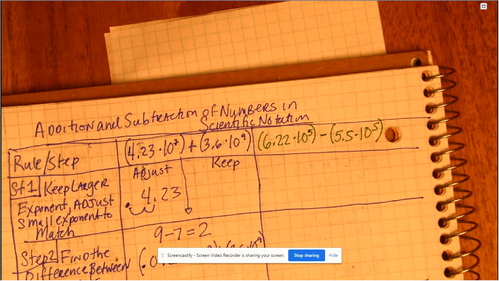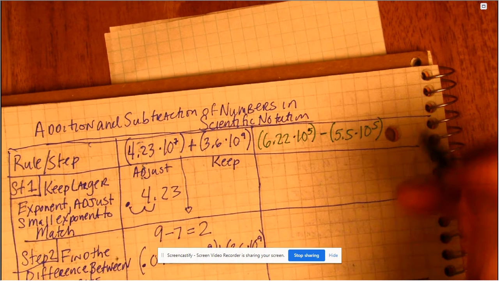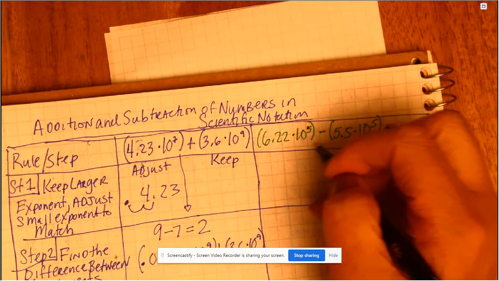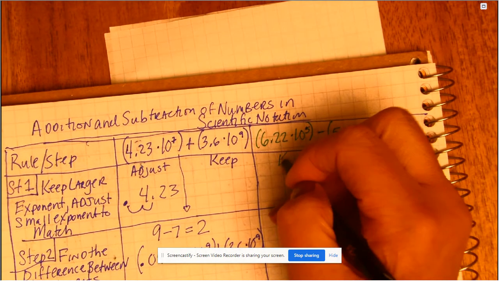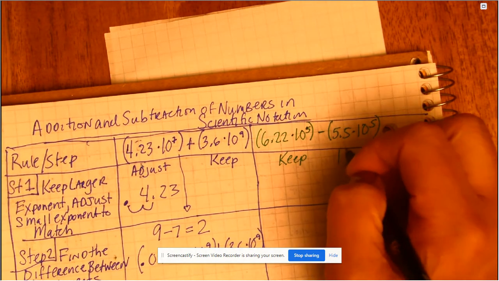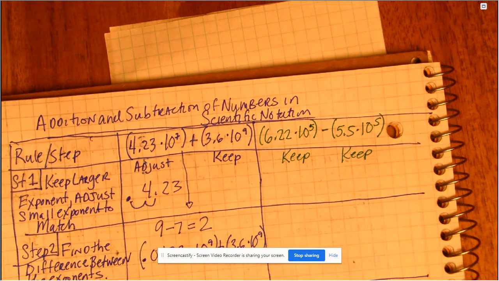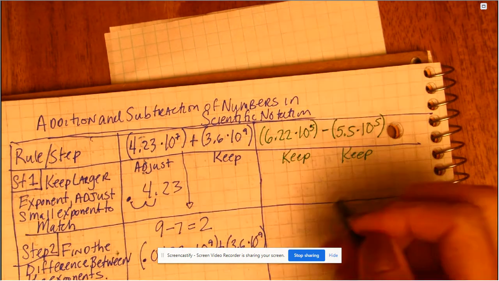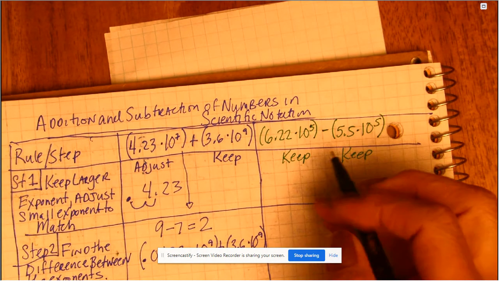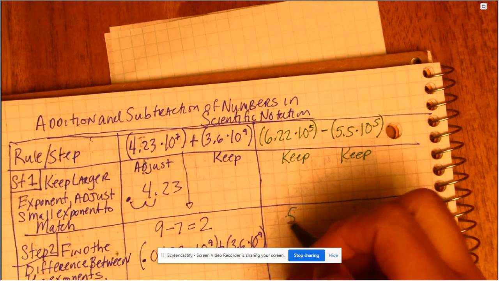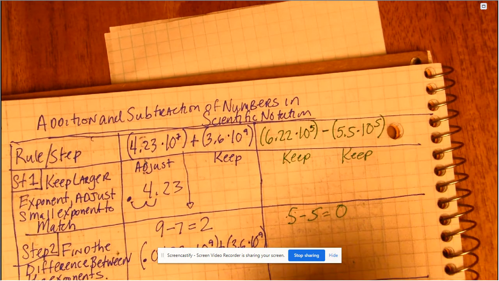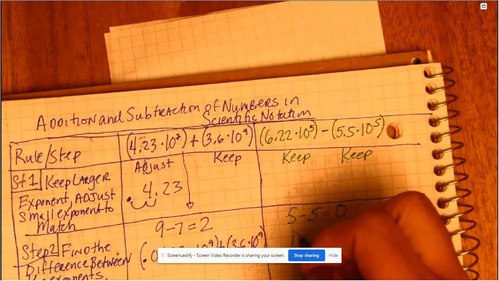So $6.22 minus $5.50, I'm going to have less than $1 left. But either way, one thing to notice here is we can keep both of them. We don't have to find the common exponent because we already have it. They have the same exponent, so we're just going to keep that. So step 2 is irrelevant. 5 minus 5 is 0, so we do not have to adjust anything.